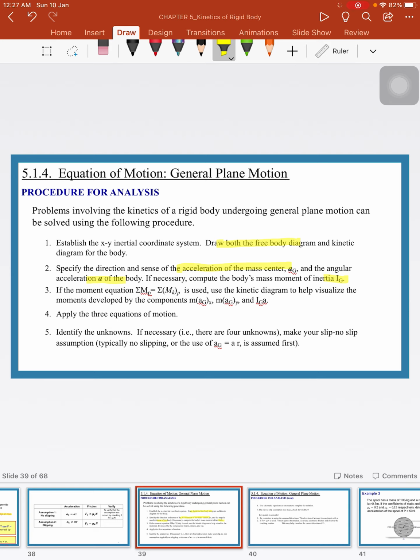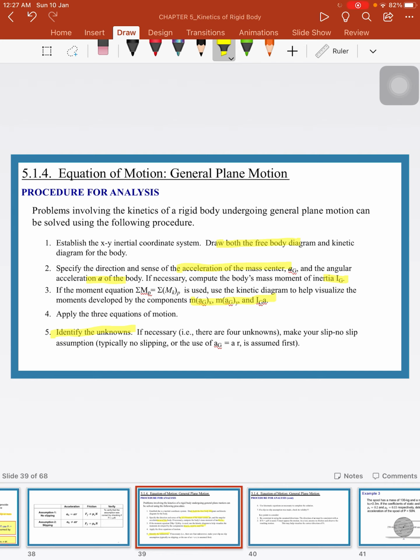Next, if the moment equation, summation of Mp equal to summation of (Mk)p, is used, use the kinetic diagram to help visualize the moment developed by the components m(Ag)x, m(Ag)y, and Ig alpha. After that, apply the three equations of motion. Next, identify the unknowns. If necessary, there are 4 unknowns.